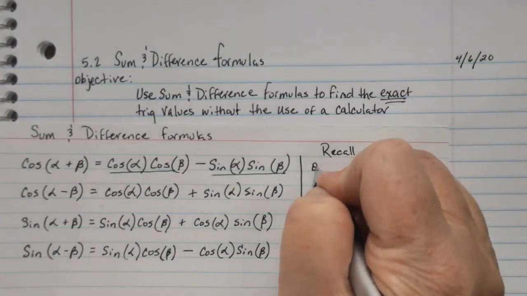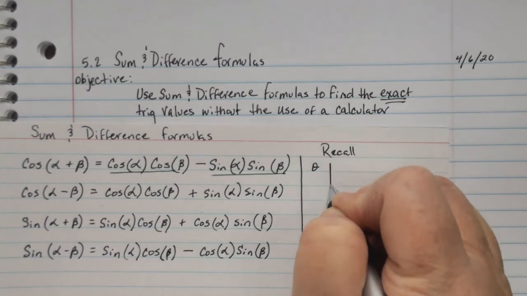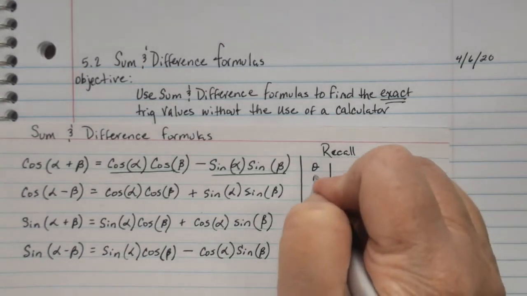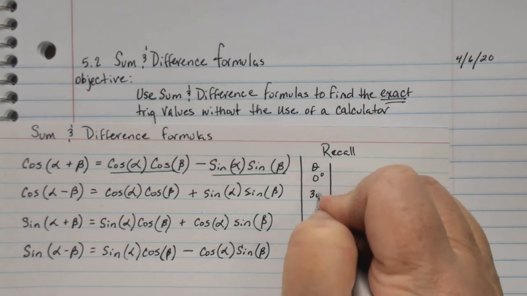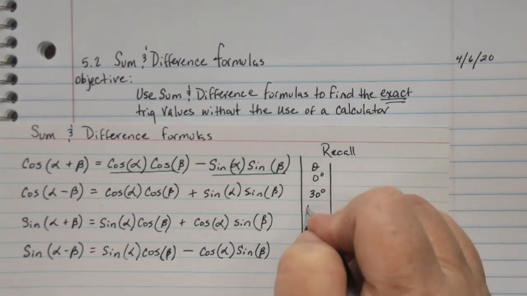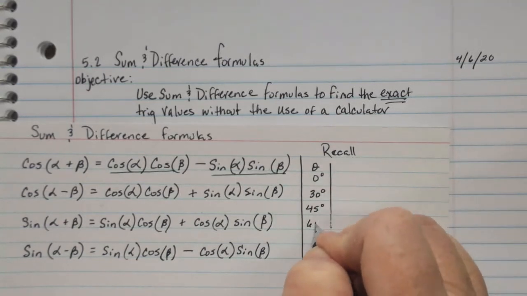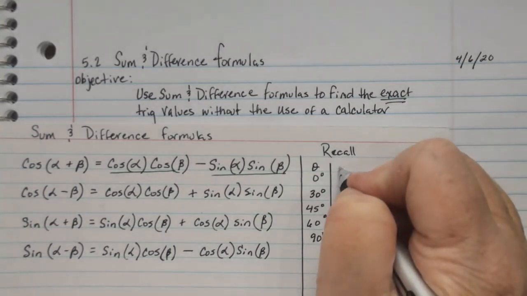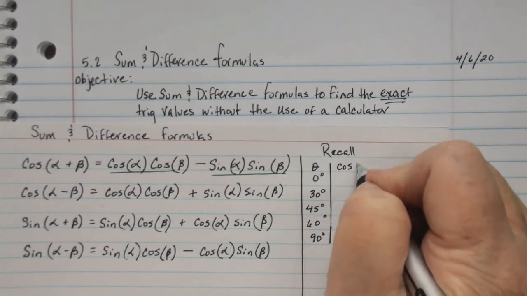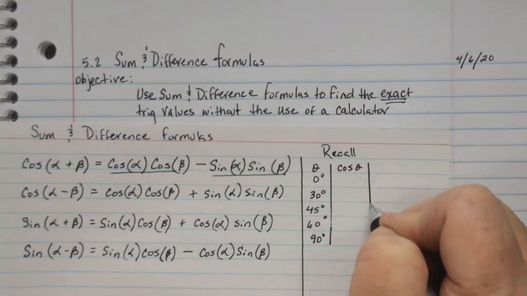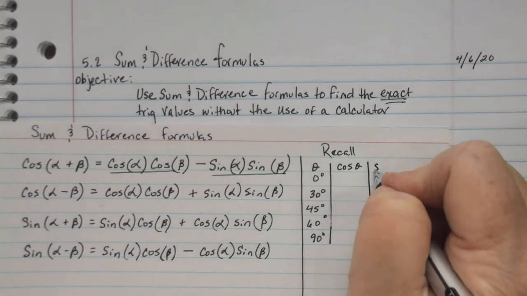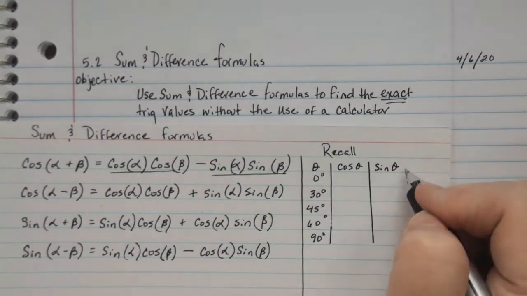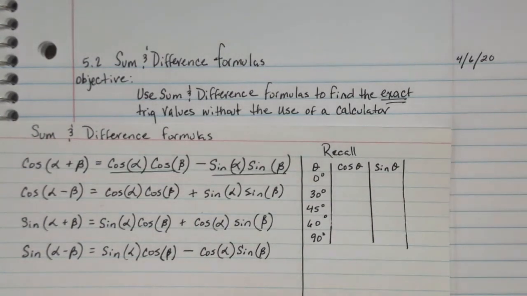But if we have an angle theta, 0 degrees, 30 degrees, 45 degrees, 60 degrees, and 90 degrees, we should be at the point where you can tell me what the cosine of theta is and what the sine of theta is without the use of a calculator. So let's go ahead and put up there in case we don't have those memorized yet. We want to make sure we do get them memorized.